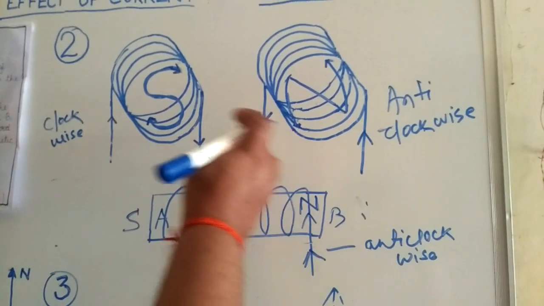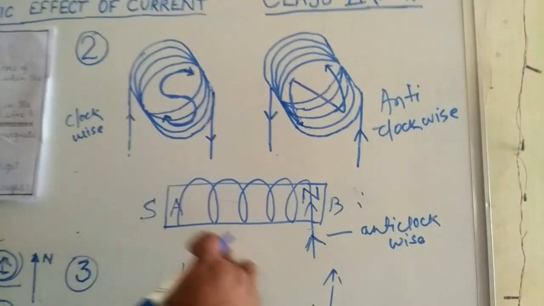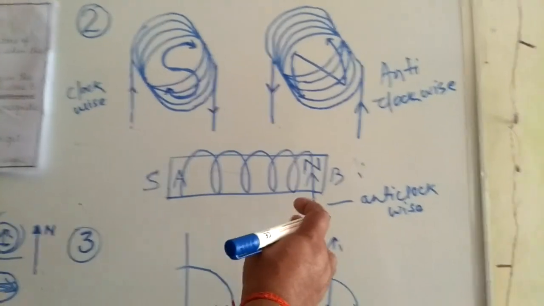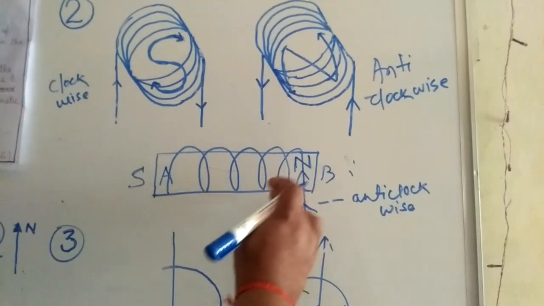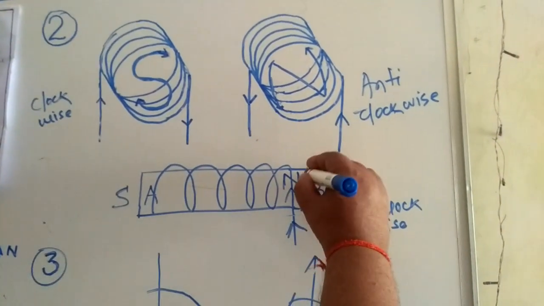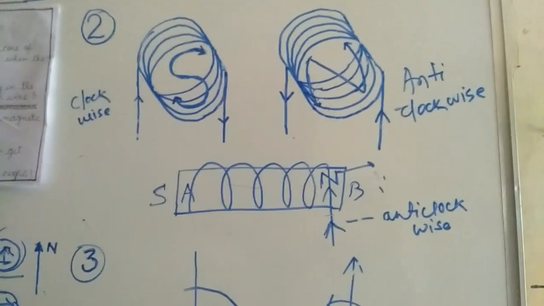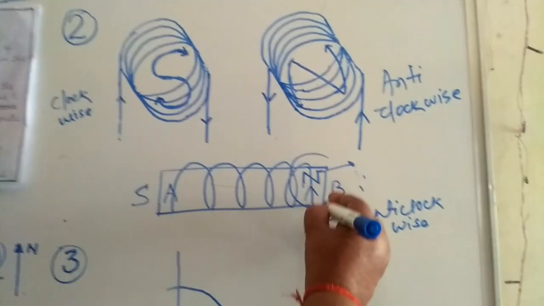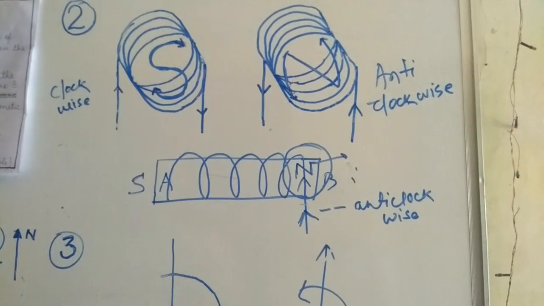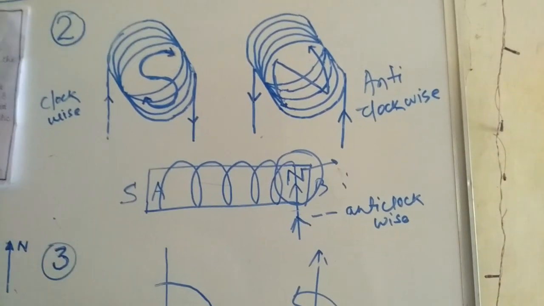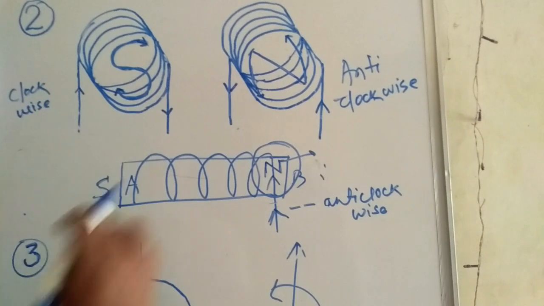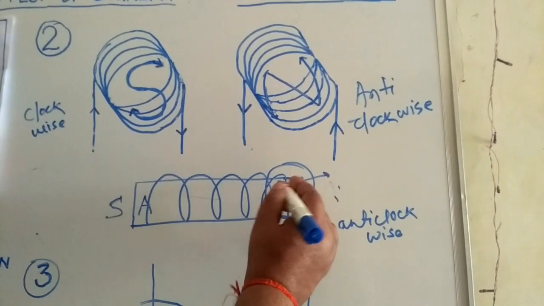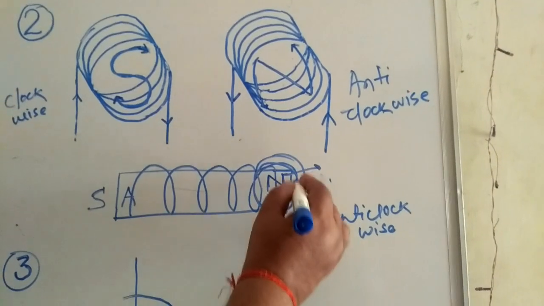You see that the direction is anti-clockwise, and we already know from the first application that when the direction of the current is anti-clockwise, the pole must be the north pole. So this first pole is a north pole.